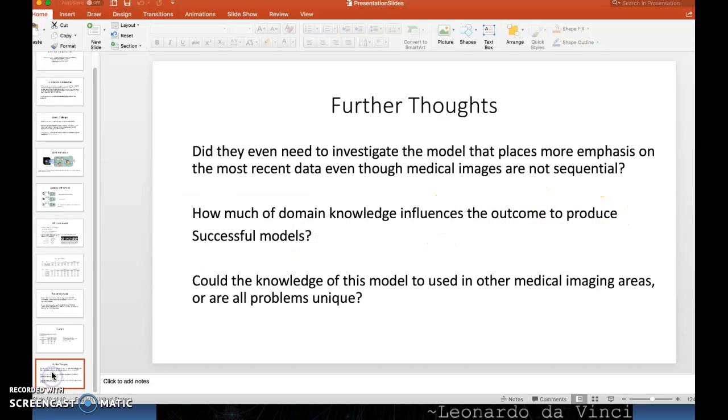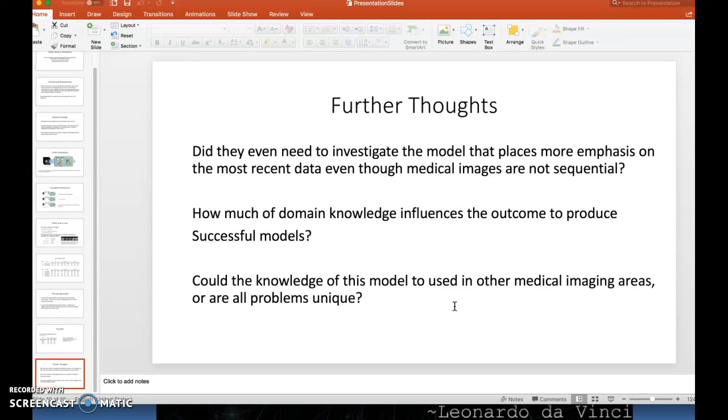They did it. So one thing I was wondering about was why they came up with that model where they had emphasis on the inputs, like it's sequential when it's not. If they talked to a professional, would they have still come up with that model?